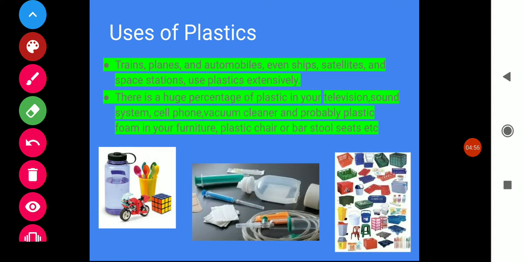Okay, and in your television, sound system, in your cell phone, vacuum cleaner, furniture made up of plastics, chair or the stool, seats. So there are varieties of materials which are made from the plastics, and also in the medical field the plastics are used.